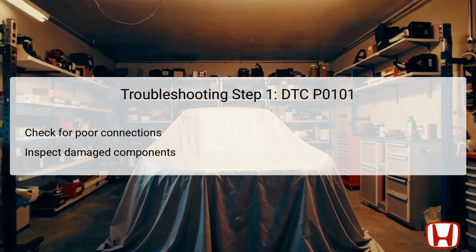Any faults in these parts can contribute to incorrect air measurements by the MAF sensor. If all components are found to be in good condition, you will proceed to the next step. However, if any damaged parts are identified, their repair or replacement is essential to rectify the issue and prevent further complications.